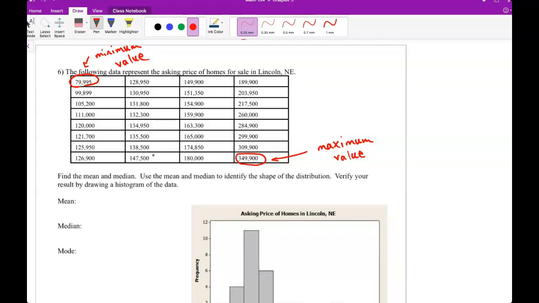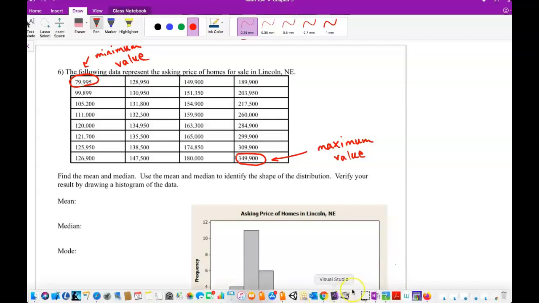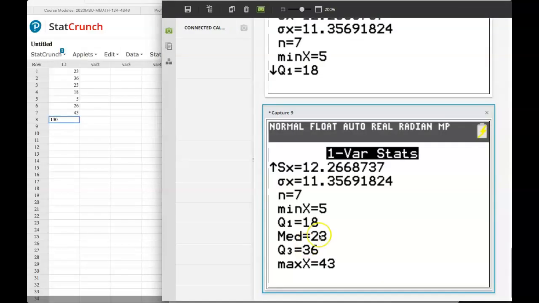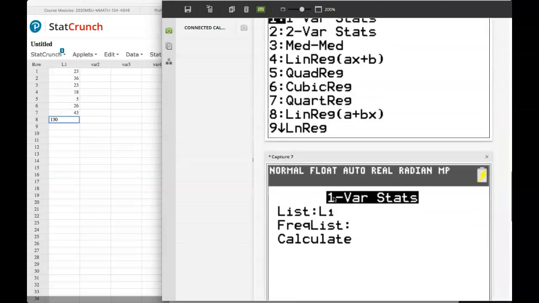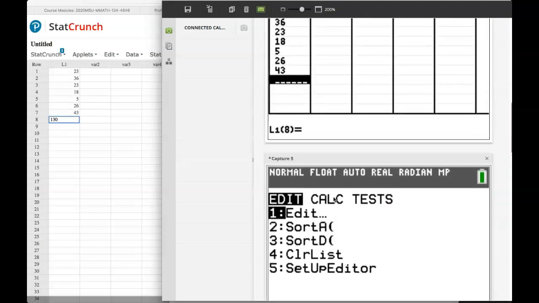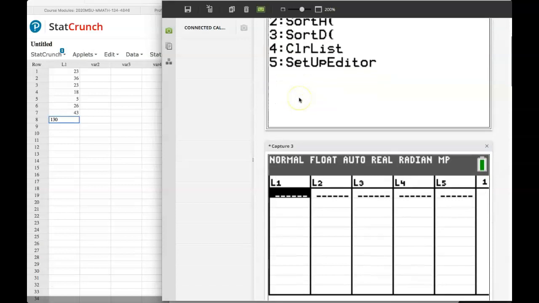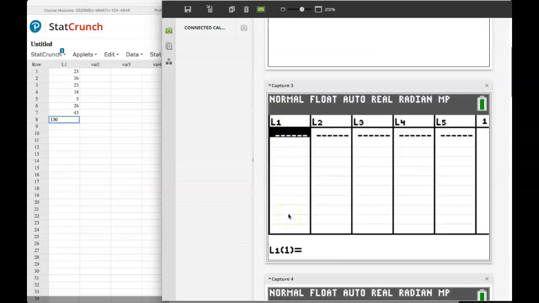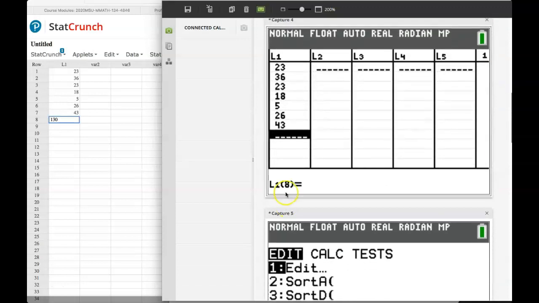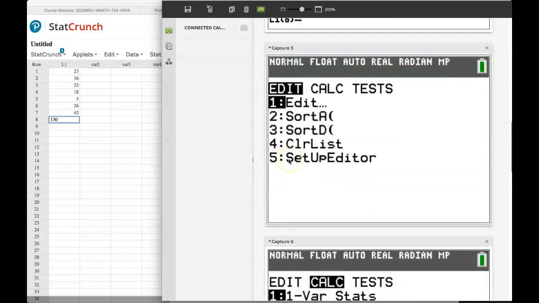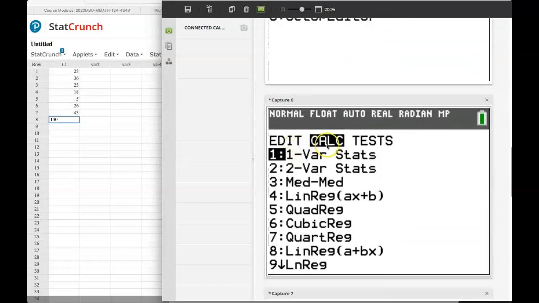Again, use stat, choose calculate, and then choose the first one, which is 1-Var Stats.